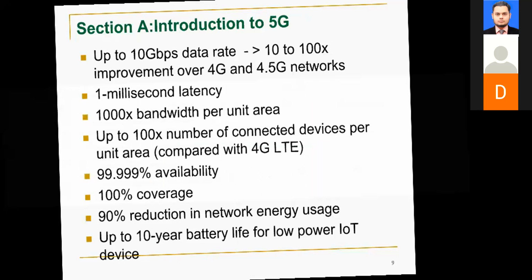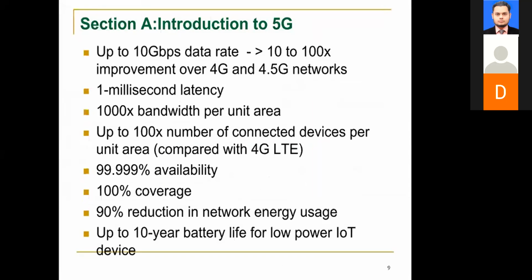Likewise, the number of devices it can support is up to 100 times more. It is 99.99% available under severe weather conditions, and you can reduce the energy consumption of the network by 90%. And in case of IoT sensors, it is possible to have battery life of up to 10 years.